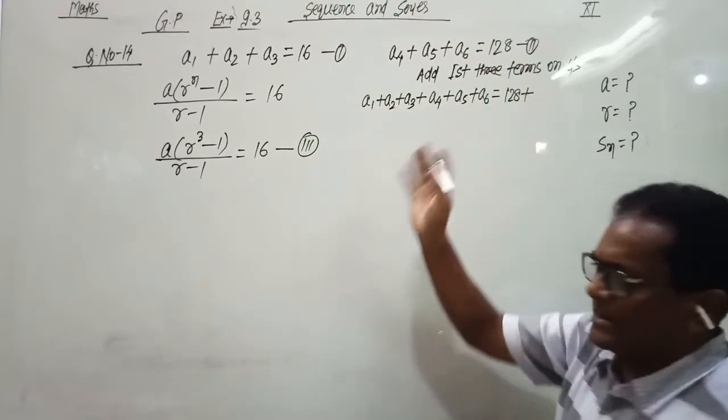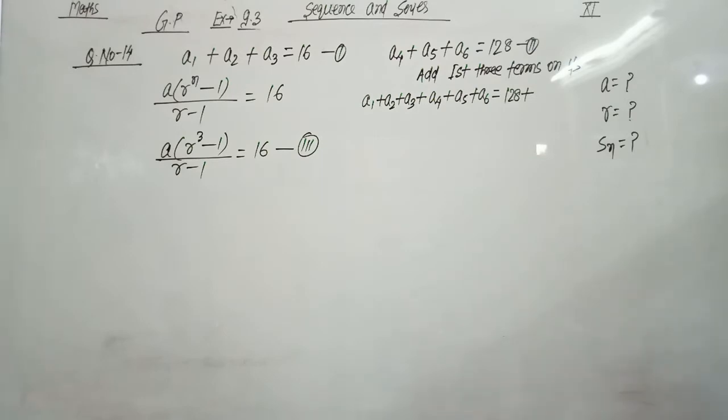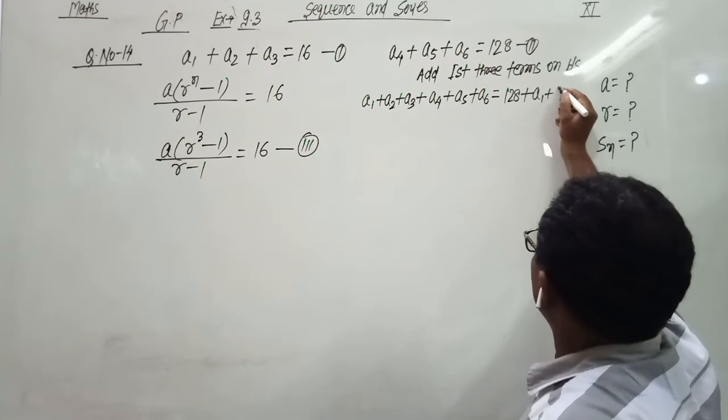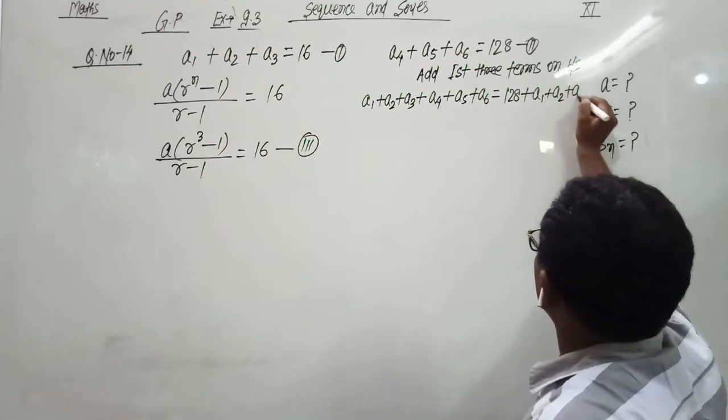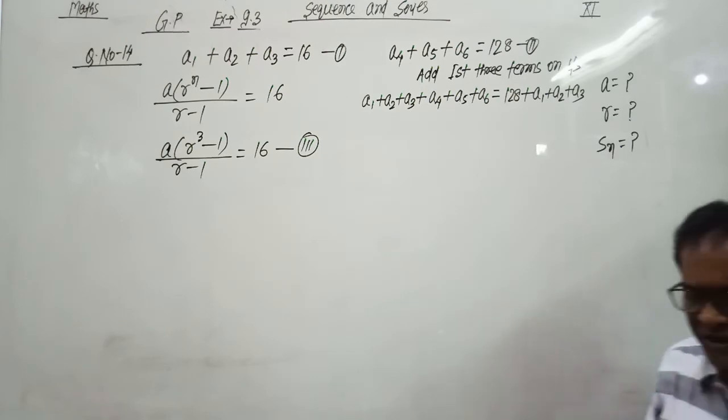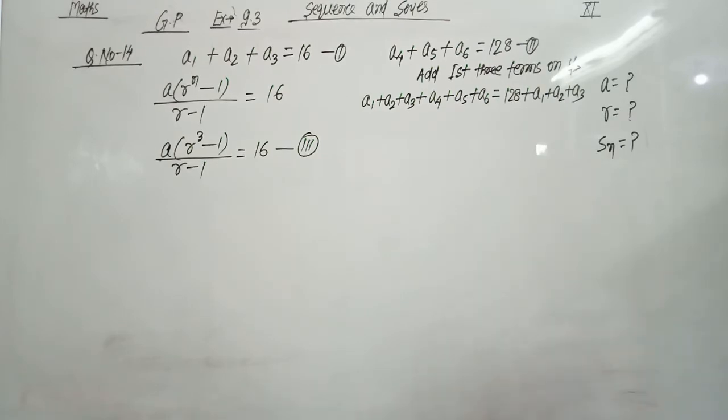And on the right side also we add the first 3 terms, meaning A1 plus A2 plus A3. What we did: add the first three terms on both sides.